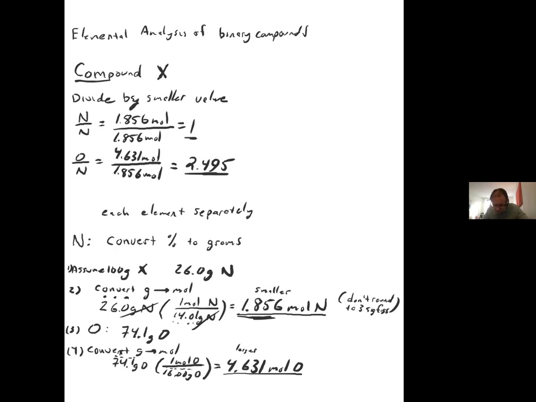Now, what I've done is just a little mathematical trick. I've divided these two numbers by the smaller of the two just to get a ratio. It would be kind of like this.